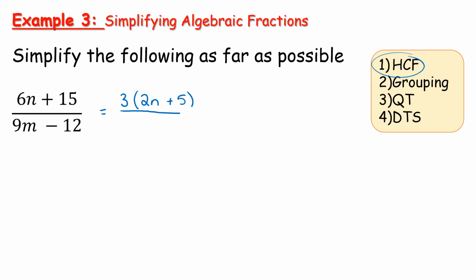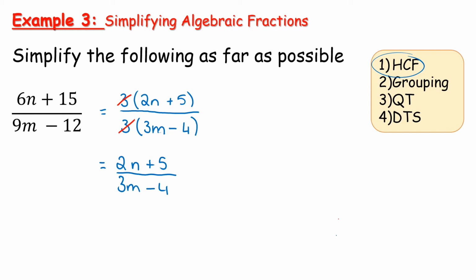On the bottom line, we have 3 is common as well, and we're left with 3m minus 4. And now we have a 3 above and below the line. It is a common factor, and we're left with 2n plus 5 all over 3m minus 4. And again, that is as simple as it can be.